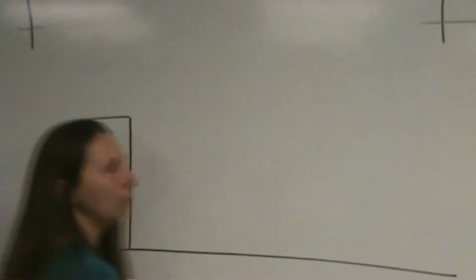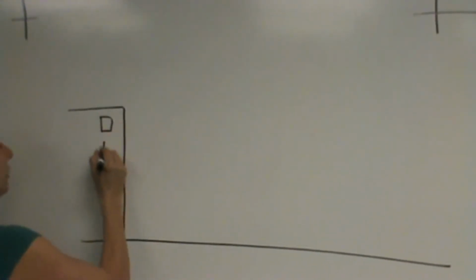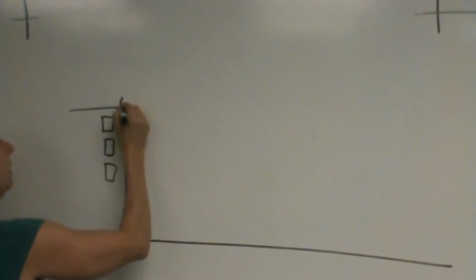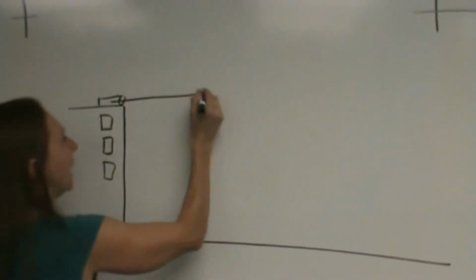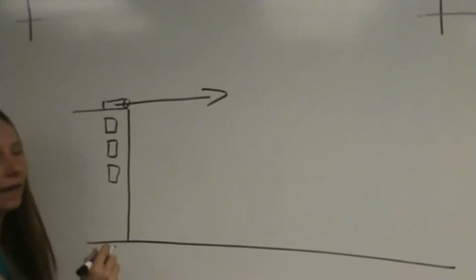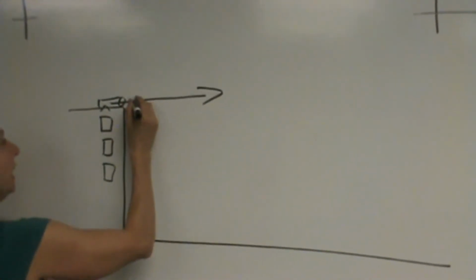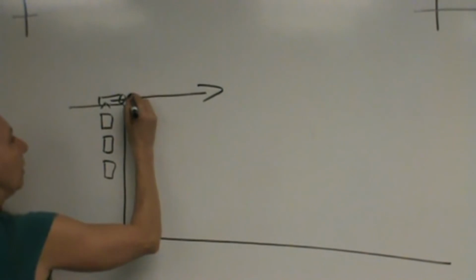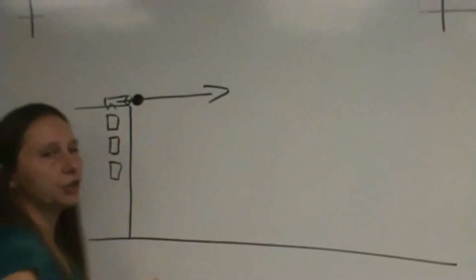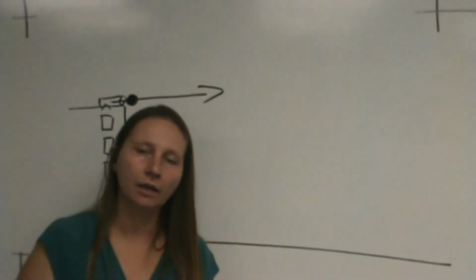So we'll mount the cannon right there. Here's the cannonball. And let's say that the speed of the cannonball out of the cannon is, I'm making up a number, let's say the problem says it's v initial x is 350 meters per second.